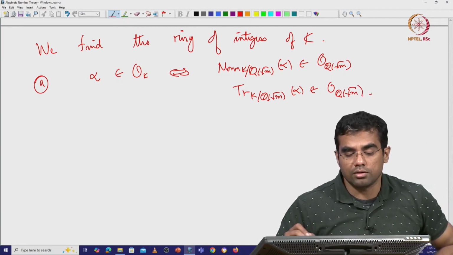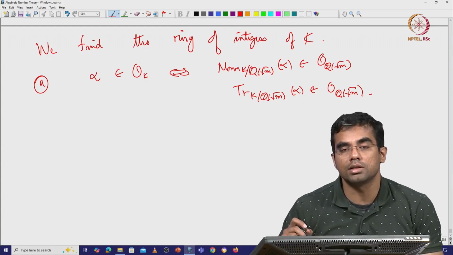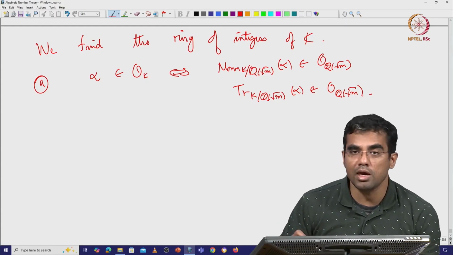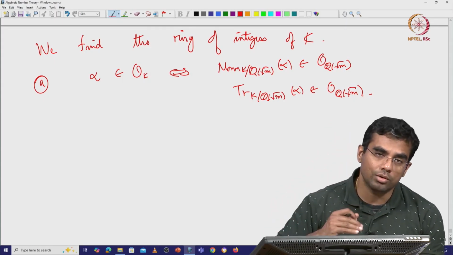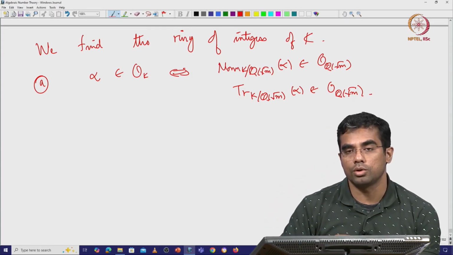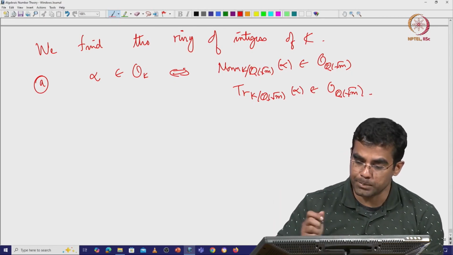So, this is kind of amazing because it is saying that you can detect whether something is in the ring of integers of K by taking the norm and trace not all the way down to Q, but only down to Q(square root of m).